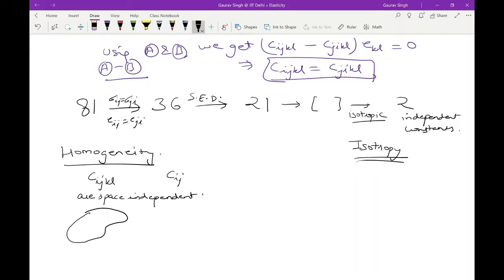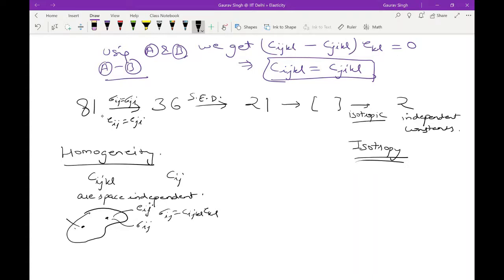So if this is your solid, if there is stress and there was strain, the relationship between them will be such that sigma ij is equal to Cijkl ekl at this point. Okay, so the relationship will be there. Now if you take any other point, this Cijkl will remain the same.